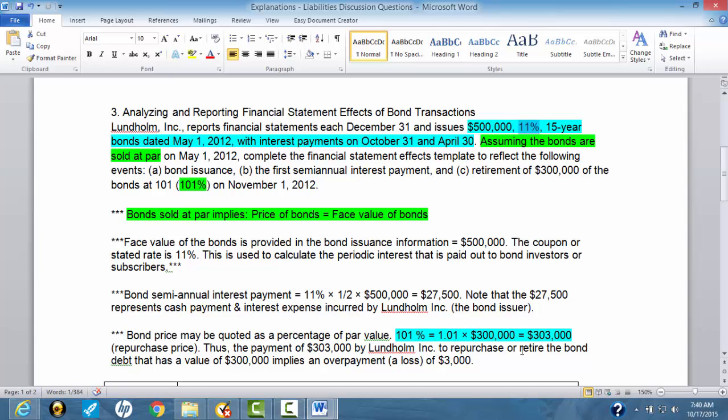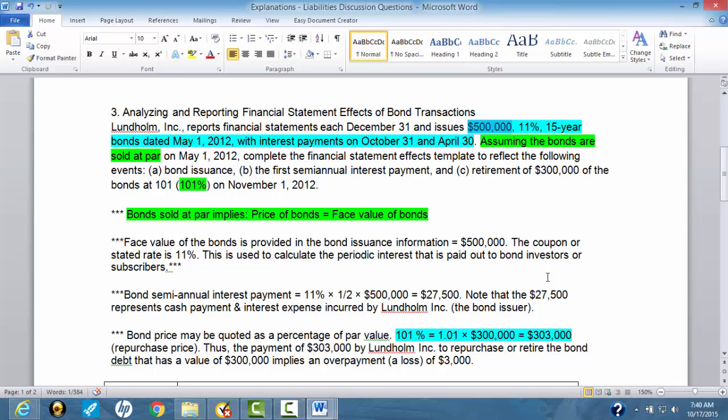Now, the bond issuer issued $500,000 face value bonds. The 11% is the coupon rate, or the stated rate, the rate at which interest is paid. The bonds have a maturity of 15 years, so after 15 years, the bonds mature and the face amount would have to be paid.